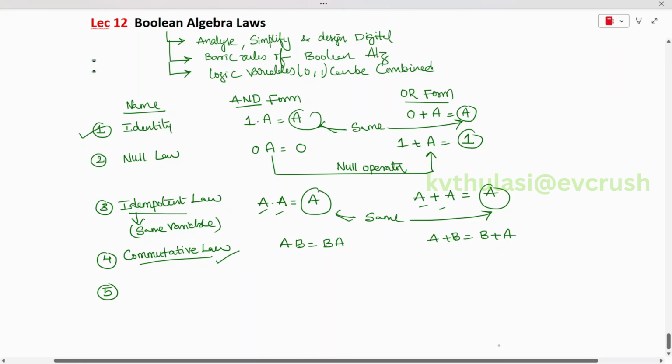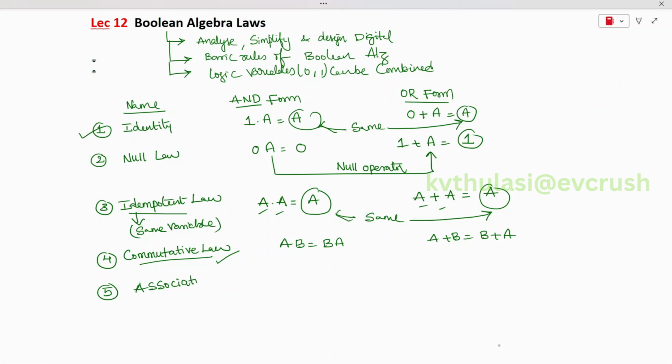The fifth law is the grouping law, called the associative law. What does associative law mean? In AND form, we can write A into B into C, grouped as A into B then into C, equal to A into B into C grouped as B into C. In OR form, A plus B plus C is equal to A plus B plus C with different grouping.